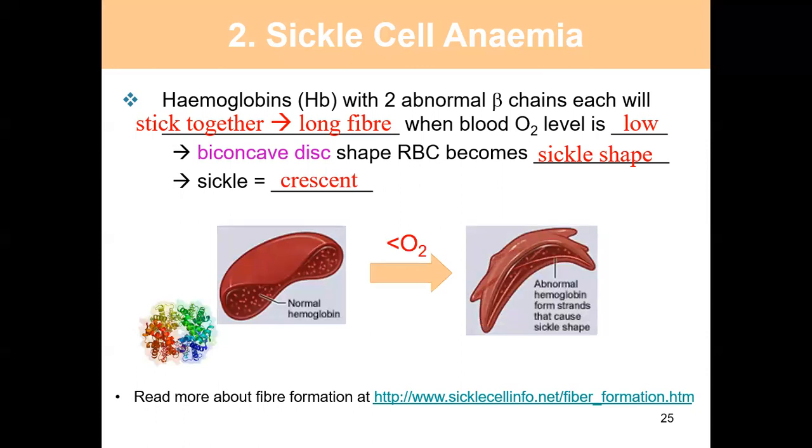So you can see that this is normal biconcave disc shape and this is normal hemoglobin. When there's lack of oxygen, the beta hemoglobin becomes fibrous and then they will join up together to form a very long fiber. So that will pull the shape of the red blood cell out to become crescent shape. Okay, so this is called sickle red blood cell or sickle cell.